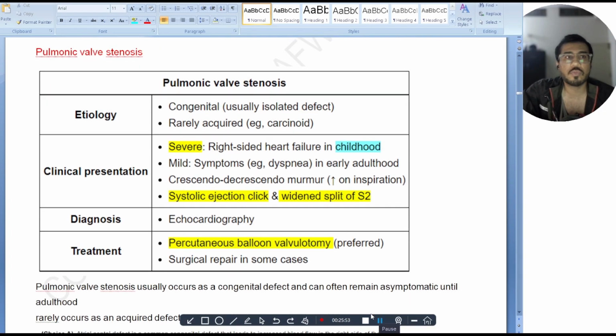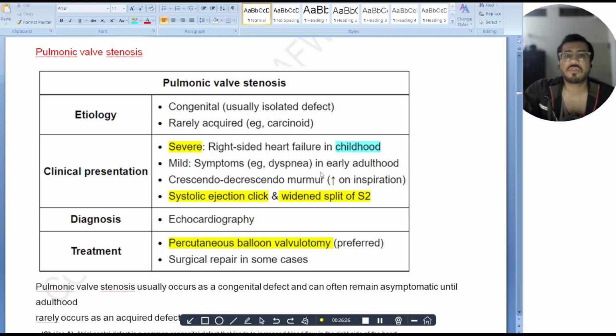So we are going to move to pulmonic valve stenosis. We know that it's going to be heard at the P area, which is the left second intercostal space. Usually it is associated with the tetralogy of Fallot. That is where pulmonic valve stenosis is usually associated with TOF. Congenital, usually an isolated defect, rarely acquired. Severe, it's going to cause right heart strain because the right ventricle is under strain and lead to right heart failure.